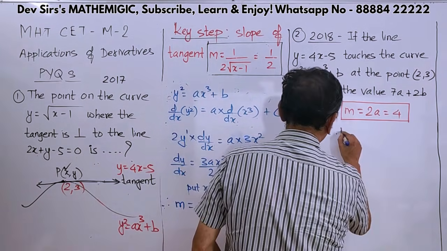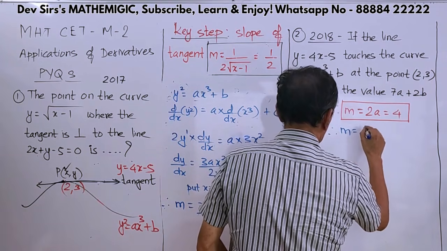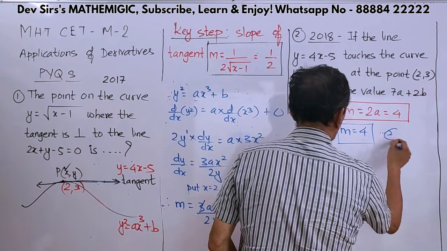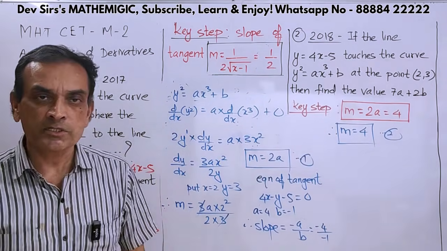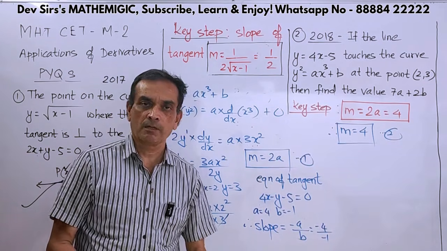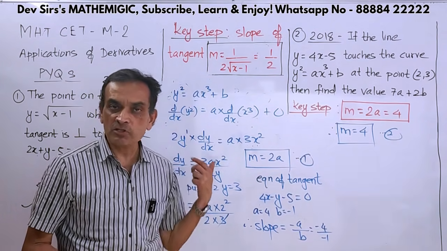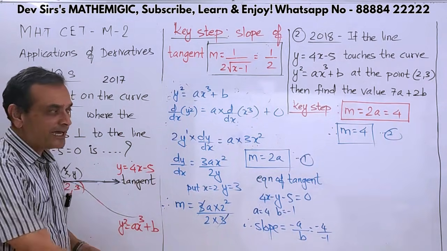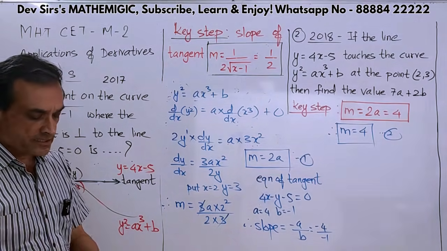Therefore again the slope of the tangent is 4. Followed? Same technique we are using. Find the slope of the tangent 2 times. Okay? One using the equation of the curve, one using the basic formula for a line, like in the earlier case.